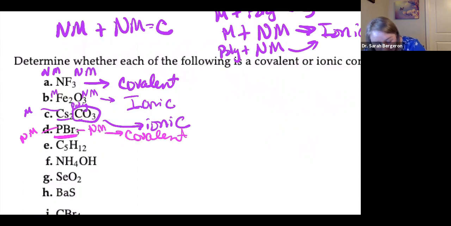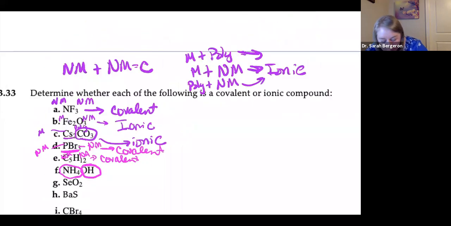C5H12. Carbon's a nonmetal. Hydrogen's a nonmetal. Must be covalent. NH4OH. Oh, now be careful with this one. This one we didn't even say. We got two polyatomics. So you could actually have a third. You could have a polyatomic plus a polyatomic, which also gives you an ionic compound.